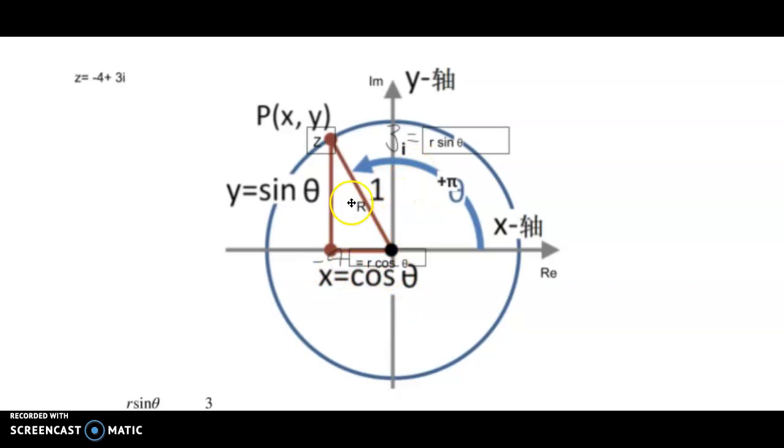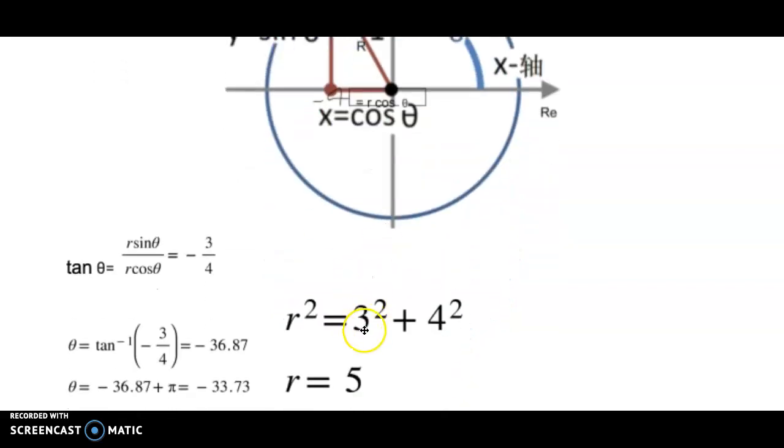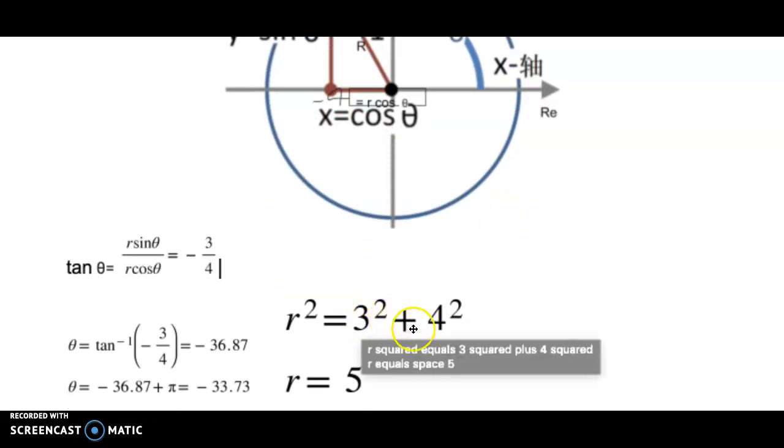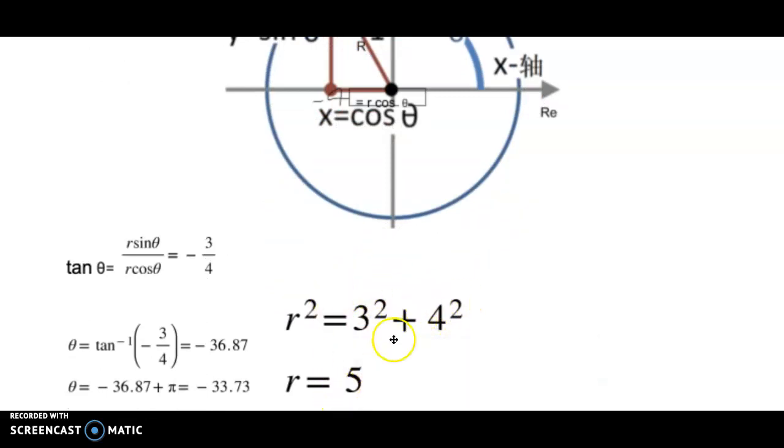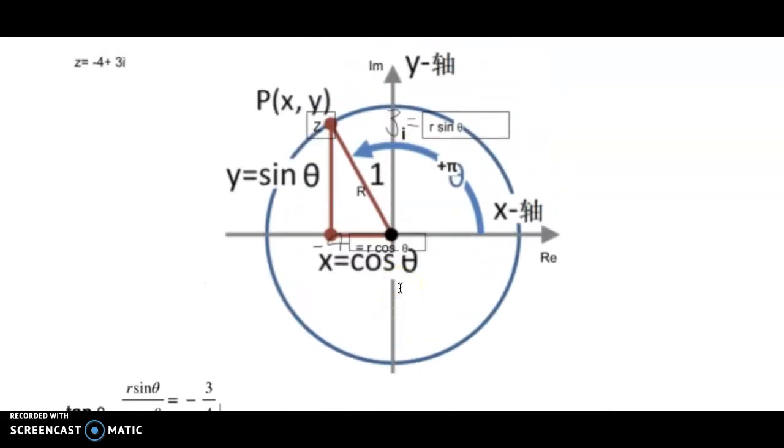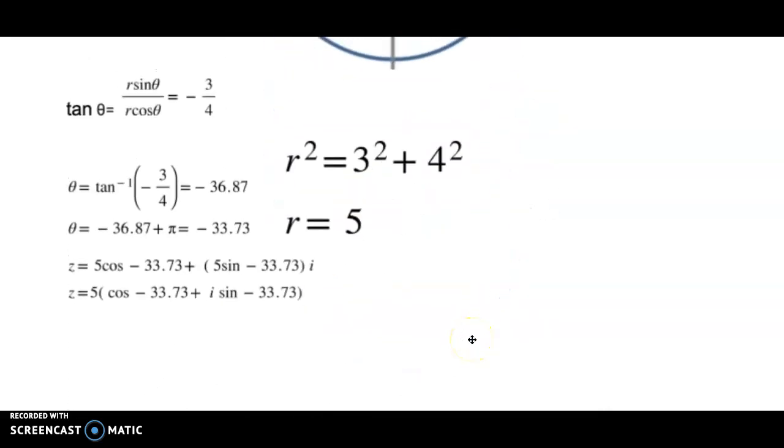So we need to find r. If you already have your x and your y, you could just do the Pythagorean theorem. If you plug in negative 3 squared plus 4 squared, you'll get 5. And that essentially is your hypotenuse, or your radius, as you may call it.